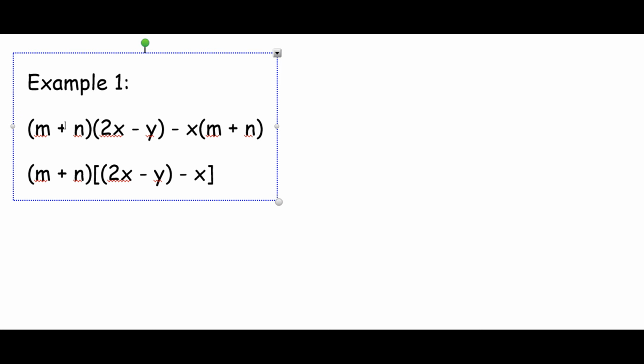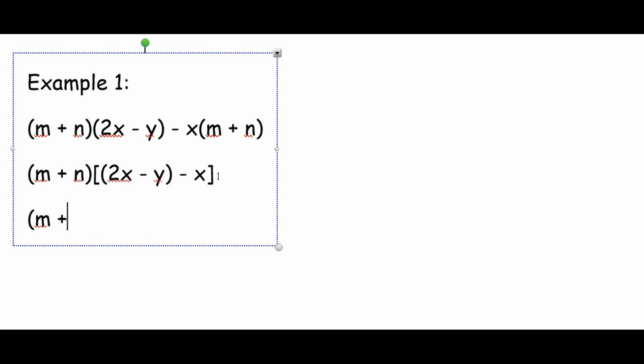Since this and this are similar, I just pick it out and I'll be left with this bracket and this x. So let's proceed. I can bring the m plus n down. There is no need for this bracket, so I'll remove it. If I remove this bracket now, I'm left with 2x minus y minus x.